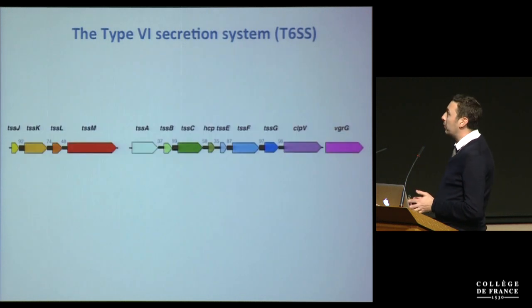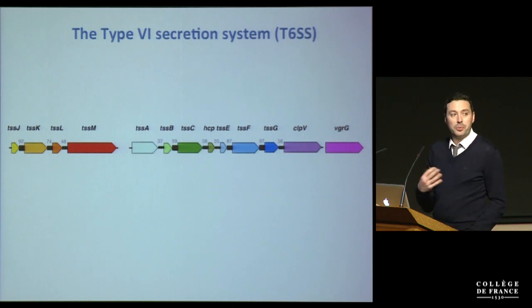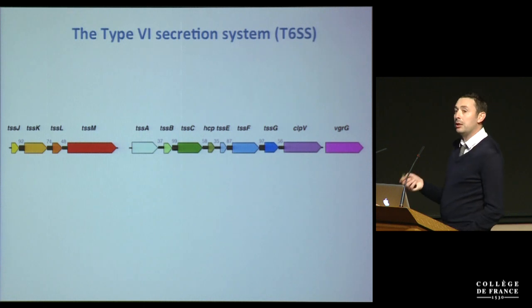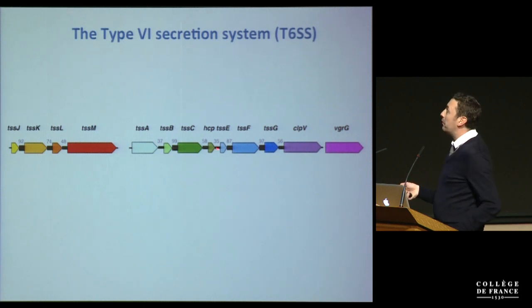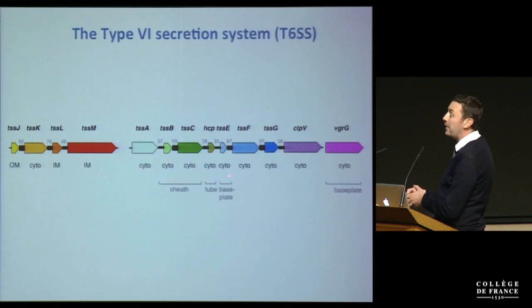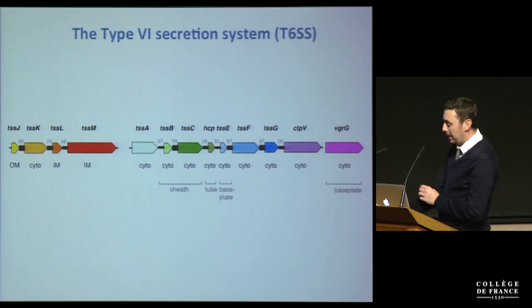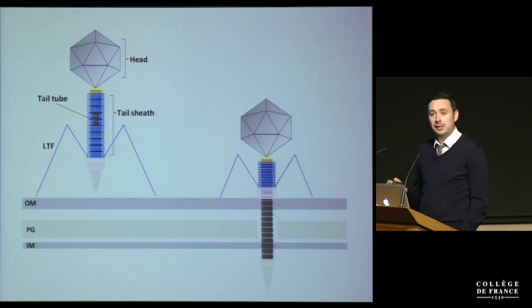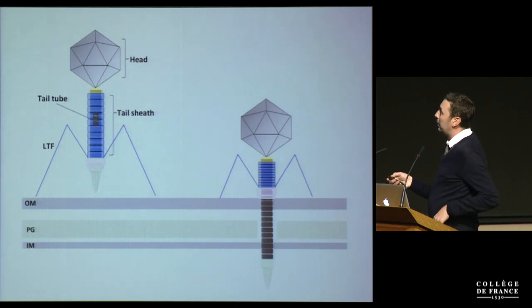The genes that constitute the type 6 secretion system can be categorized in 2 families. The first family encodes genes that are very similar to phage-like proteins, so virus-like proteins. Many of you know there are a number of phages that have been characterized, including contractile bacteriophages.